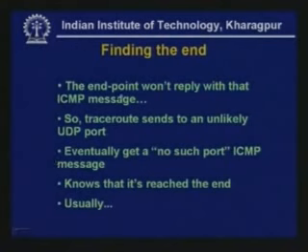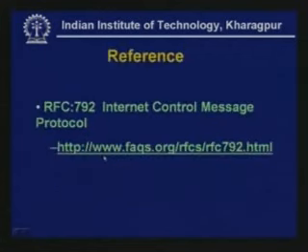The endpoint will not reply with that ICMP message because it has already reached the end. So, traceroute sends to an unlikely UDP port, and eventually gets a no such port ICMP message. It knows that it has reached the end. And you can see about the ICMP messages. So, this is the reference.